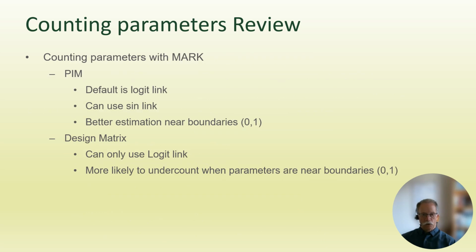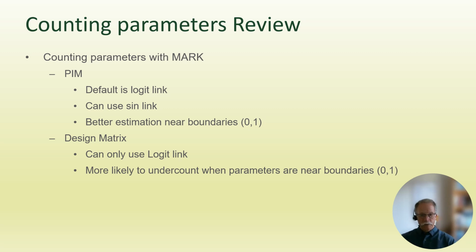As we also pointed out last week, the link function that Mark uses when you're using the parameter index matrix versus the design matrix can cause the number of parameters that it estimates in a model to differ.